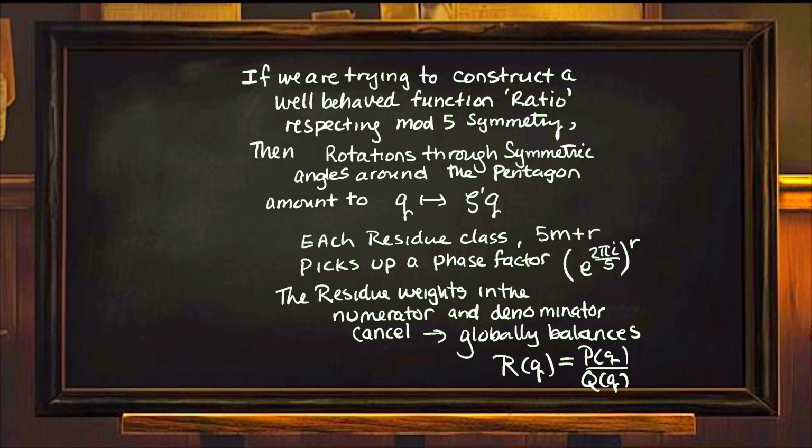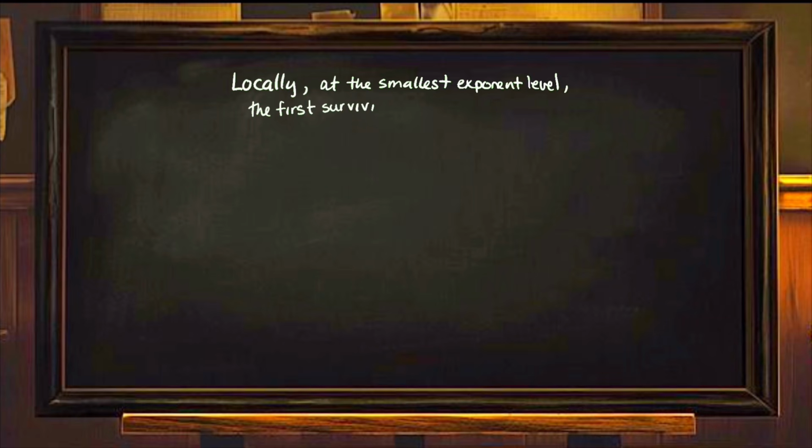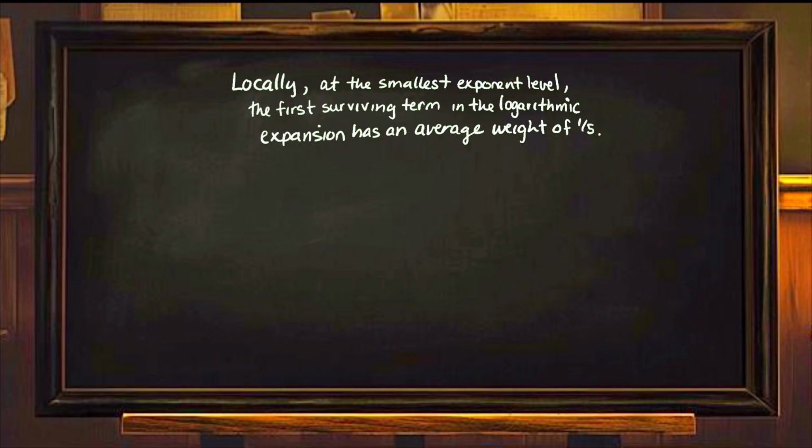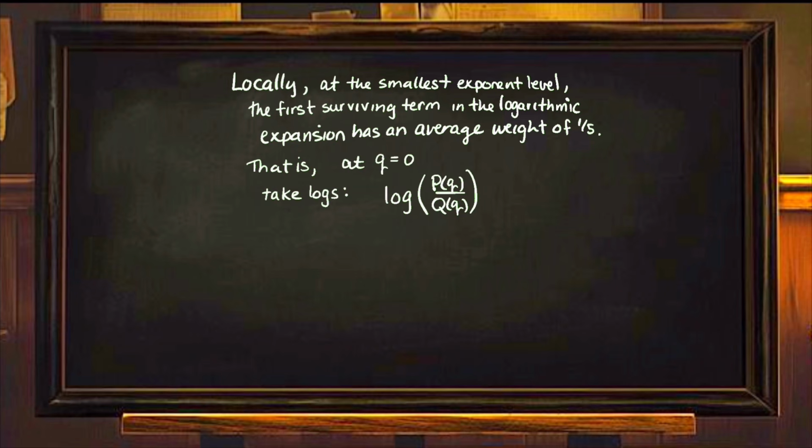So now all we have to do is look at what this function does at its smallest level. That is locally. At the smallest exponent level, Ramanujan would use logarithms to explore the ratios as series. So taking a logarithm of this ratio P over Q transforms it into a power series.